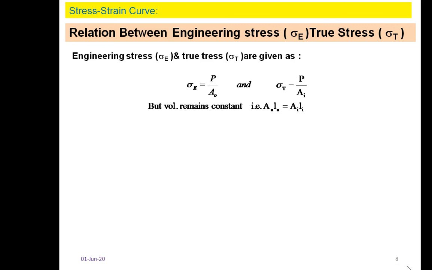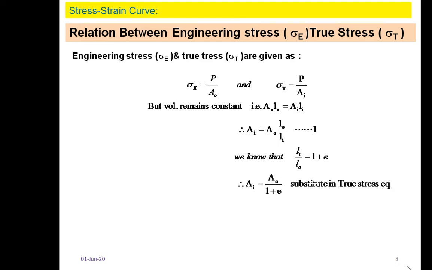But in material forming, volume remains the same before and after deformation. So A0 into L0 is equal to Ai into Li. So you can write Ai equals A0 into L0 by Li. We know that Li by L0 is equal to 1 plus e. Therefore, Ai is equal to A0 by 1 plus e.